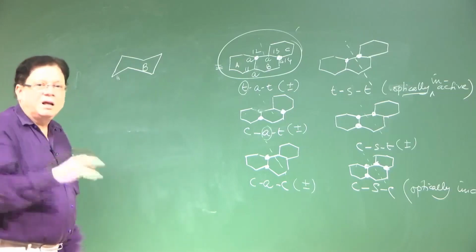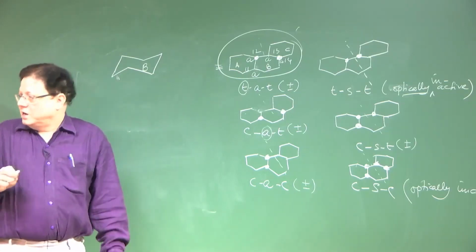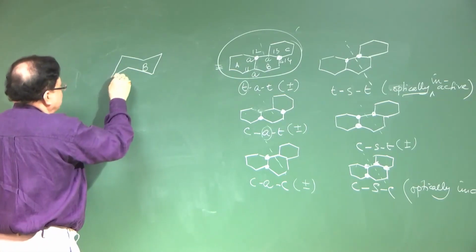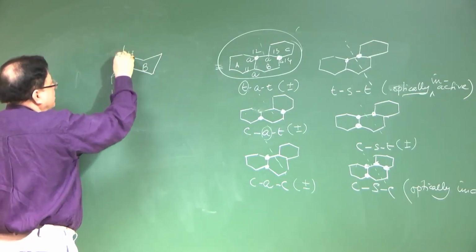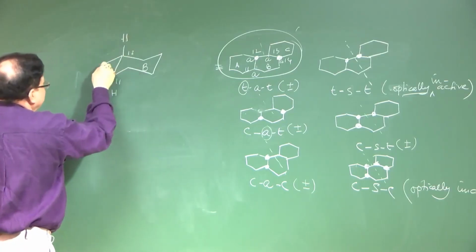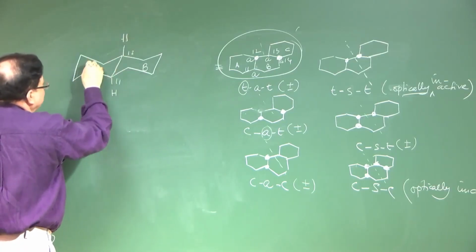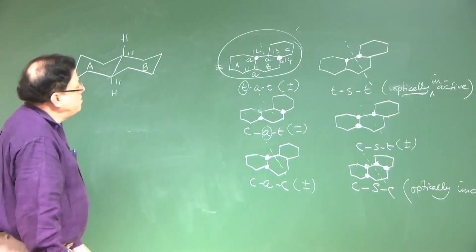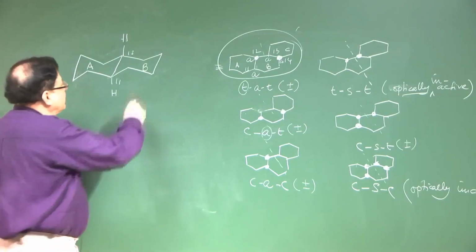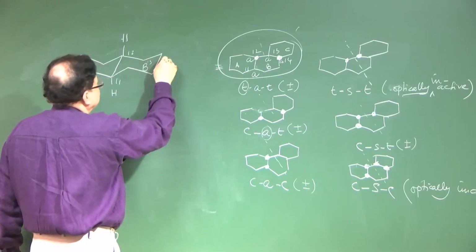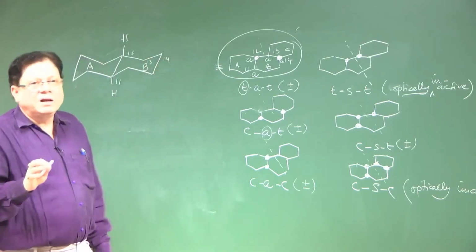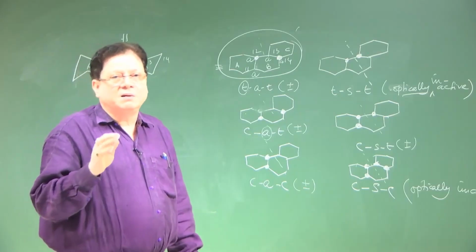You are starting with an alpha axial hydrogen. So, this hydrogen is here; that is 11 and this is 12. This hydrogen is axial. So, complete the A ring. This is your A ring, and then complete the C ring. Again this is your 13, this is your 14. Do not be in a hurry, this has to be done in a very systematic manner.